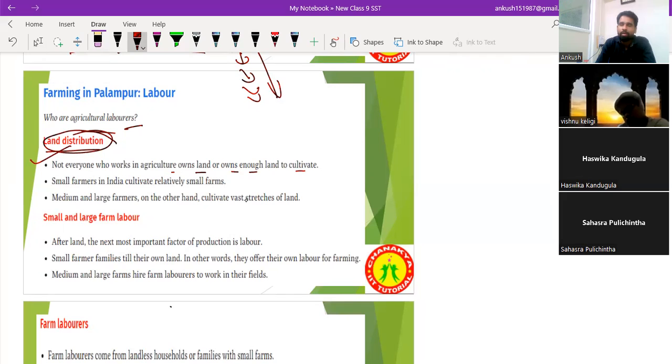Means wealthy people are living in that, moderate people are living there, landless people are living, and some are having a small piece of land as well.